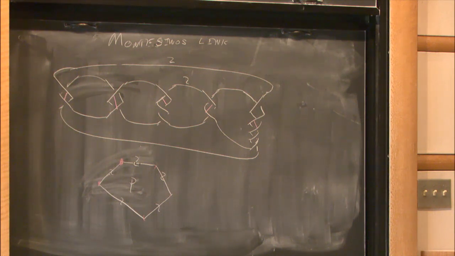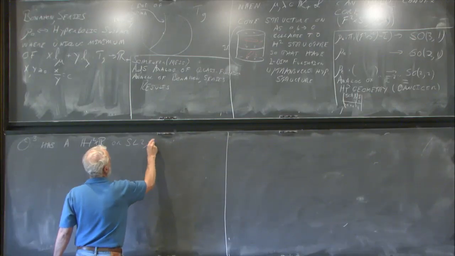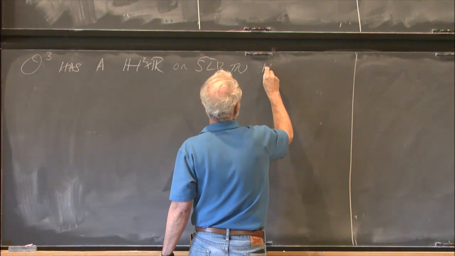Okay, well, with this structure, in this case, it's not hard to see that O3 has either an H2 cross R structure, like we had for the surface cross R, or a twisted version of this SL2R tilde structure.